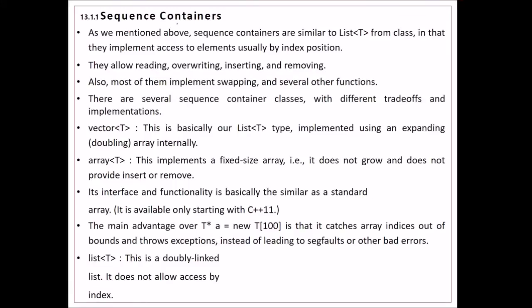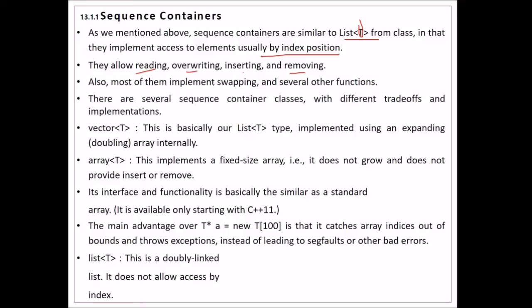Then sequence containers, what are they? Sequence containers are similar to a list. This is again a data type from a class, in that they implement access to elements usually by index position. Sequence means by index position. They allow you to do reading, overwriting, inserting and removing.